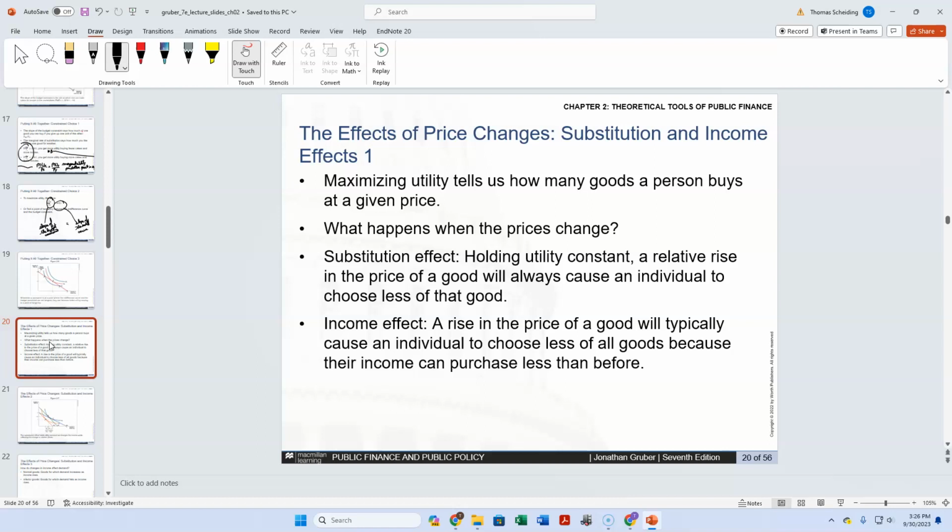And so when we look at this, why do we draw indifference curves and budget constraints? If you remember, back from intermediate microeconomics, or even just going all the way back to principles, one of the very first things you learned in principles was that the demand curve is downward sloping.